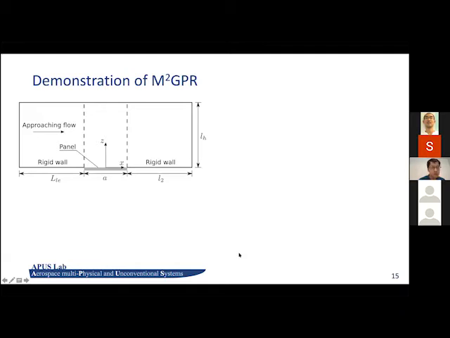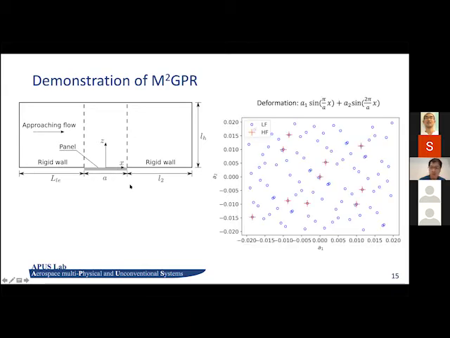Now here we will just do a very quick demonstration of this model. So here we consider a 2D problem. And here we define the deformation using two sinusoidal modes. And for low fidelity data, we consider all these blue dots, where we have 100 samples.